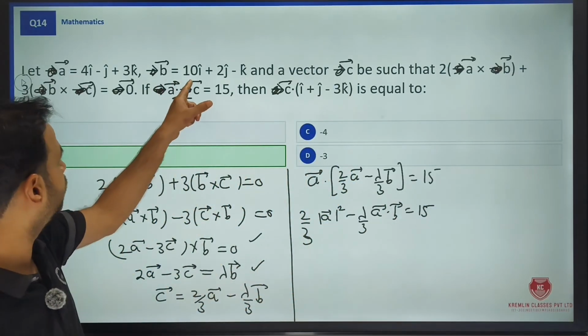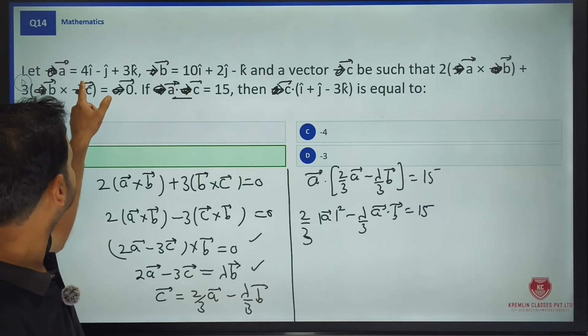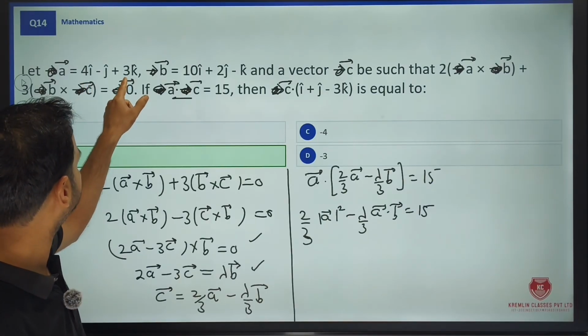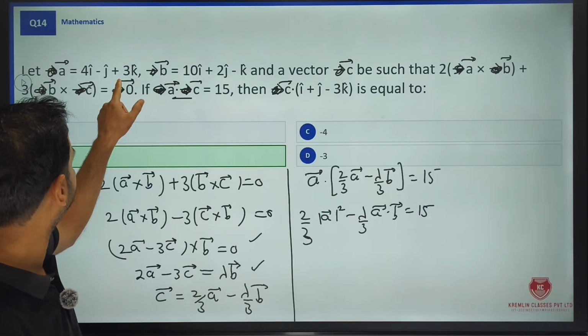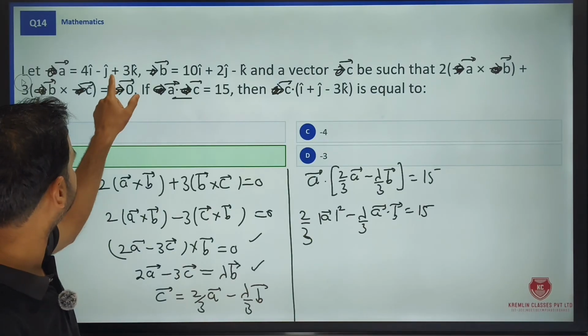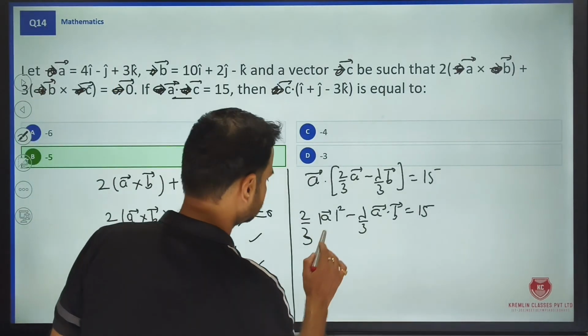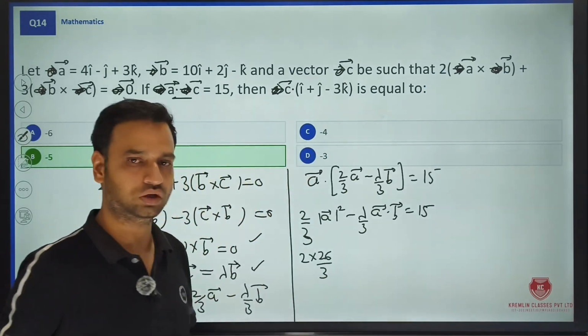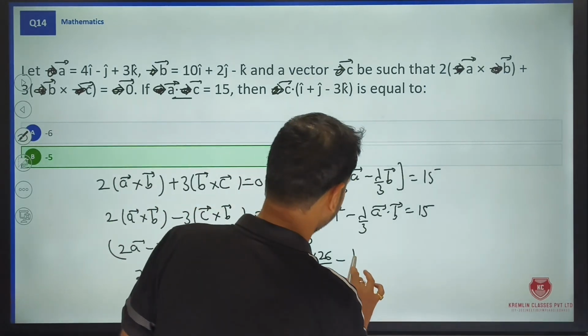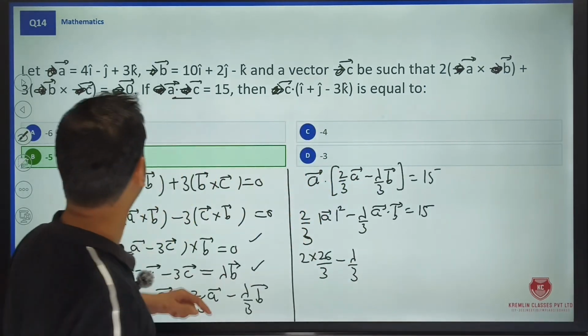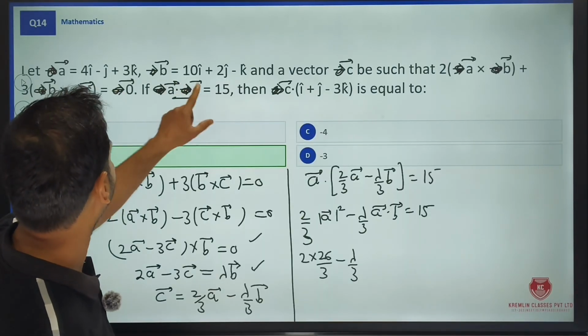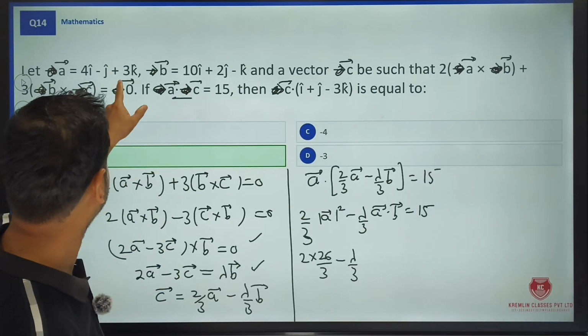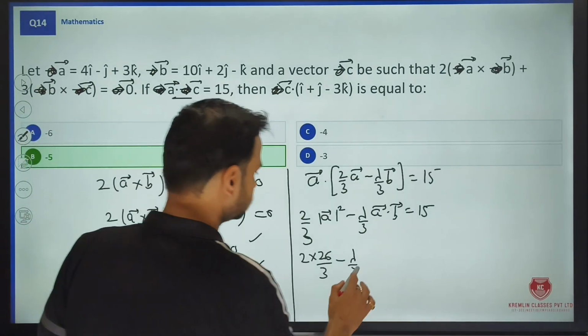So mod a vector square will be 16 plus 9, 25, plus 1, 26. So it is 26 by 3, minus lambda by 3. What is a vector dot b vector? 40 minus 2, 38, 38 minus 3.